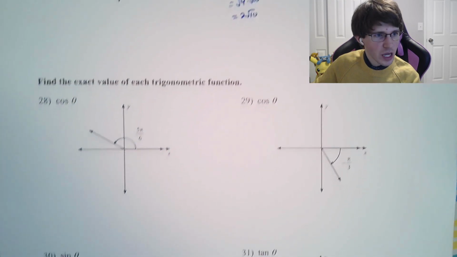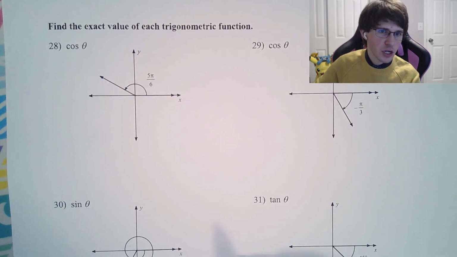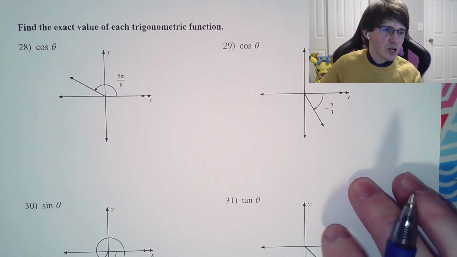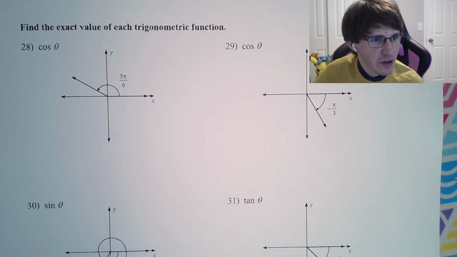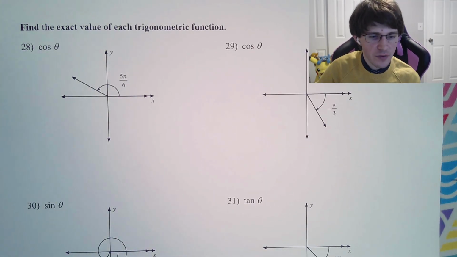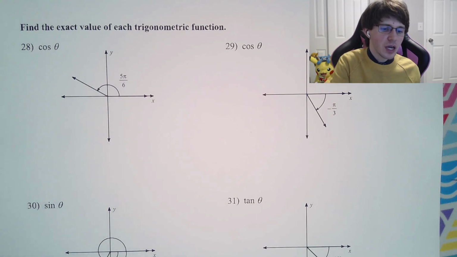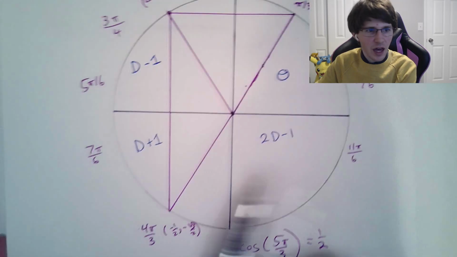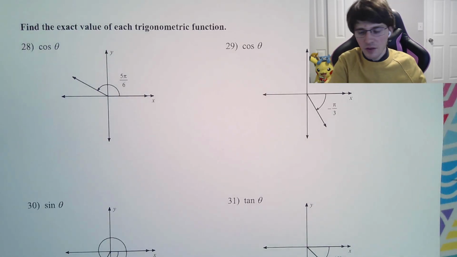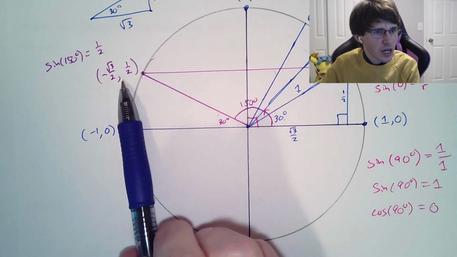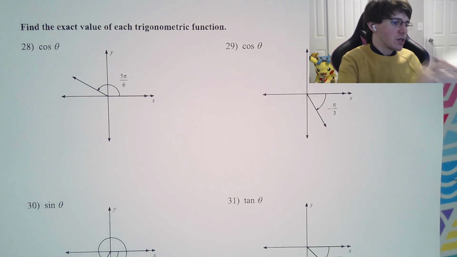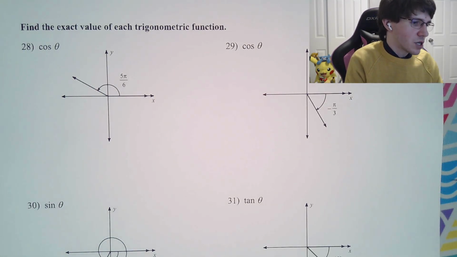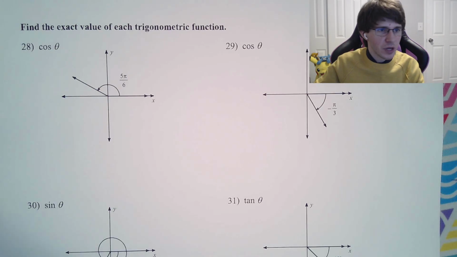But now we're going to find the exact value of each trigonometric function. Now, if you are lucky enough to have that unit circle in front of you, all you have to do is whip that unit circle out and say, hey, you've already given me that one that has that 5 pi over 6 over here on the left. You've already written down that coordinate, or you could bring up the unit circle on Wikipedia yourself.